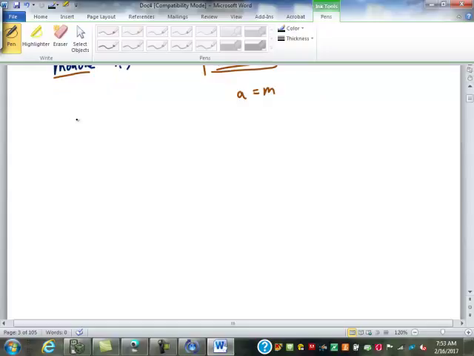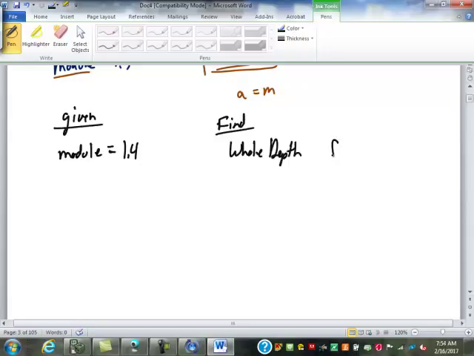Let's say that I give you a module of 1.4, and I want you to find the whole depth for a gear for clearance that's equal to 0.1667 times M, times the module.